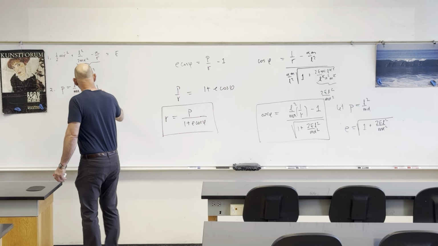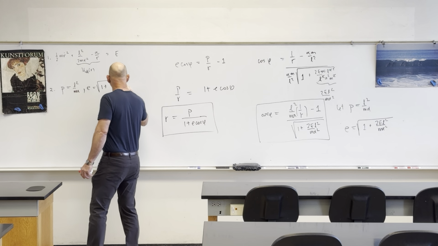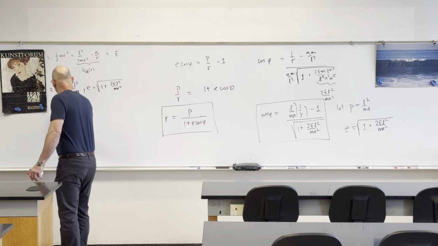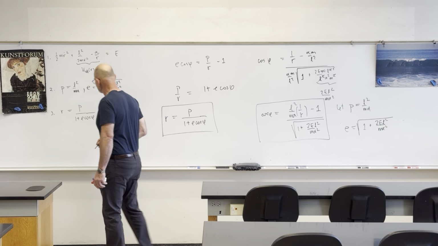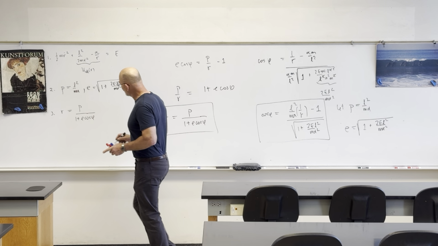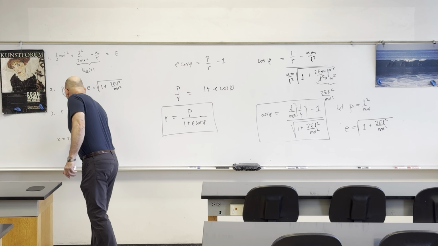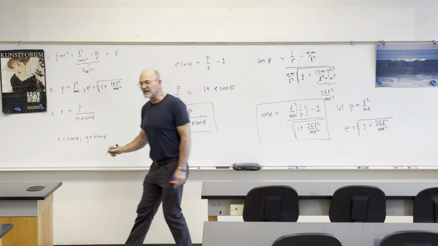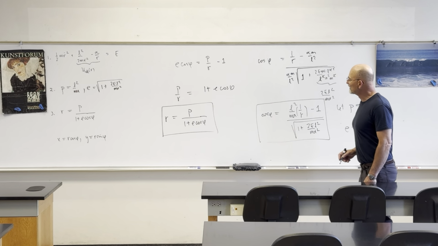E is the eccentricity, which we'll see in a minute, 2E L squared over M alpha squared, eccentricity. And then R is equal to P over 1 plus E cos phi. And just to remind us, what is this R? That's from x equals R cos phi, y equals R sine of phi. Okay, so now we have everything in front of us, and we can just systematically analyze it and make sense of it.